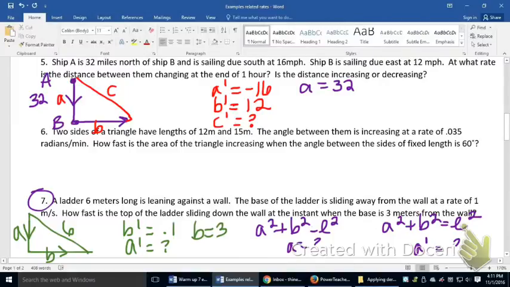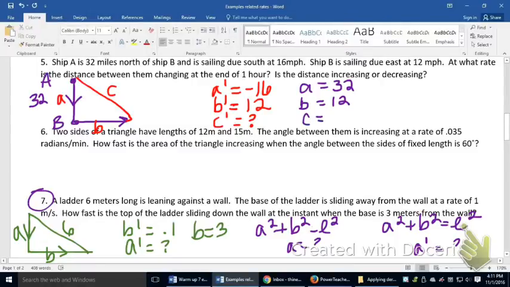So what I can do is I can figure out B and C based on that. Since it says at the end of an hour, and I know that B is traveling at 12 miles per hour, well, that tells me that the B part would be 12. So the length of that B will be 12 because it's going at 12 miles per hour.